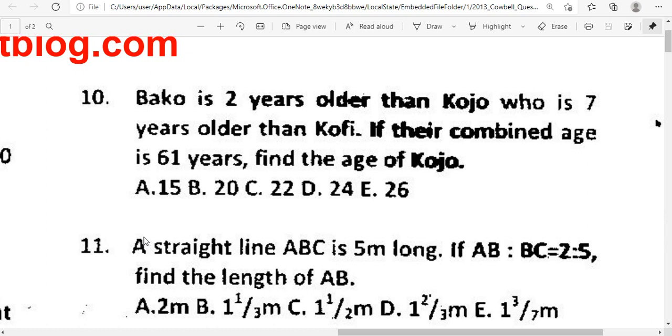Let's be fast, please. I need to get to question 20, or rather the last question.